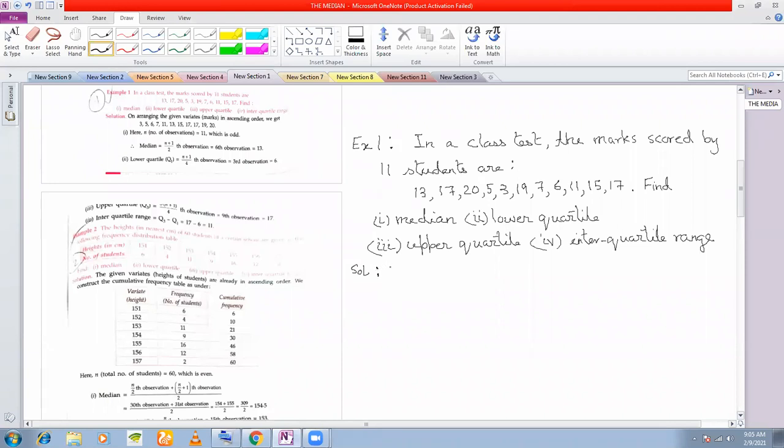Now, if you remember from your class 9 knowledge, in order to find out the median, we first arrange the given observations in ascending order. So we are going to arrange these observations in ascending order.